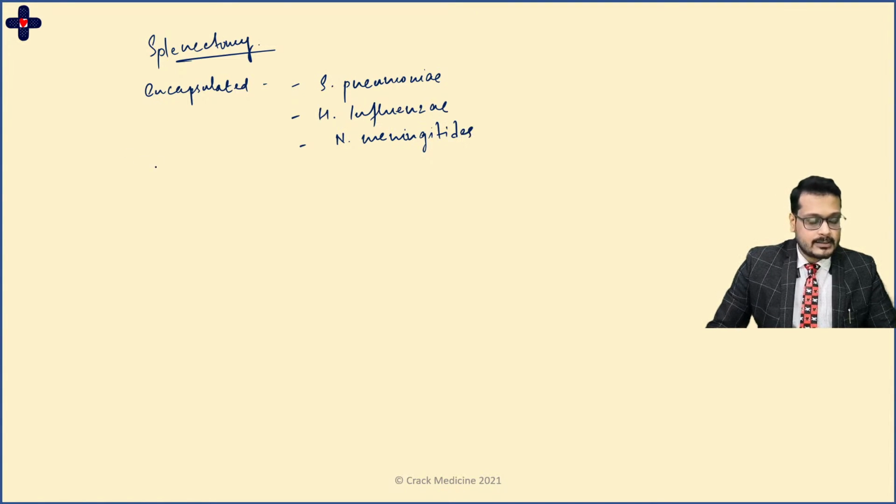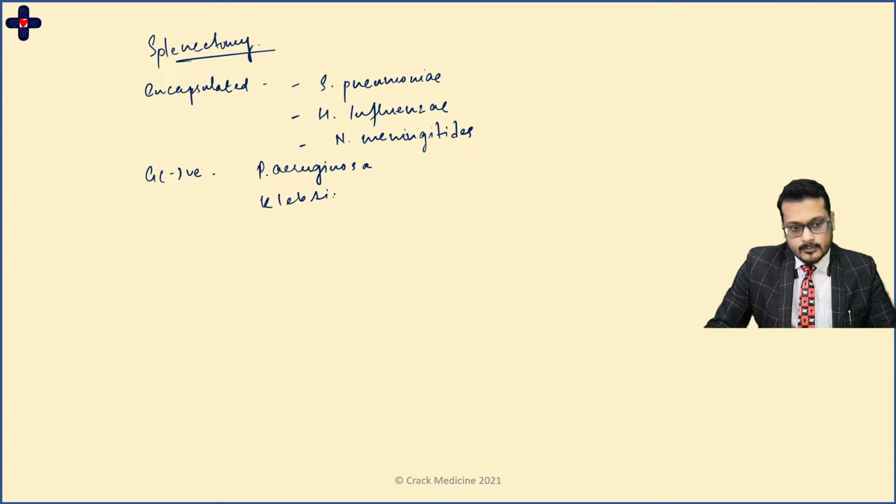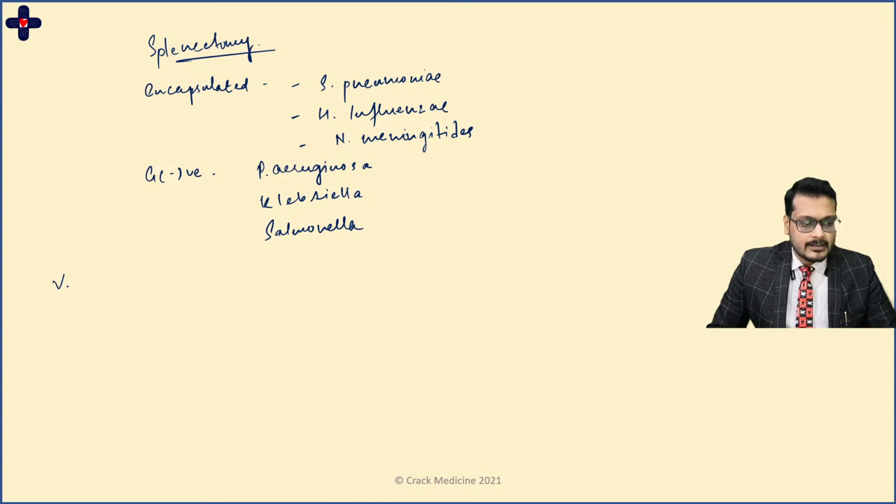These are your high risk infections. You also have certain gram negative bacteria like Pseudomonas, Klebsiella, and Salmonella. Okay, so another question that can come up will be vaccine or splenectomized patients.